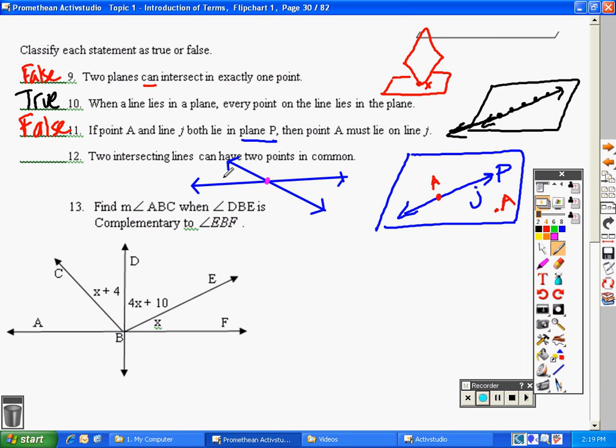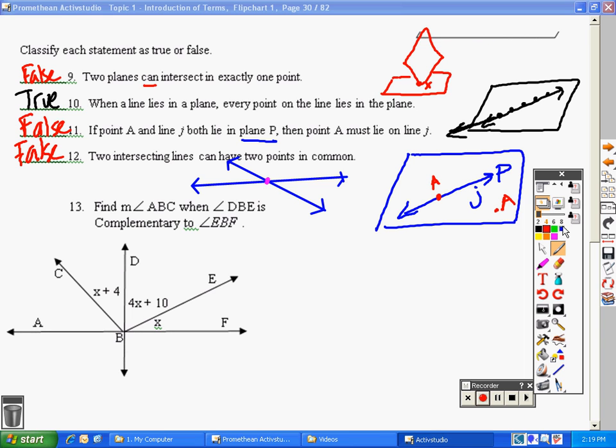So there's only 2 options here. They can either intersect at exactly 1 point, or they can intersect at every single point if they are the same line. So the answer to this one is also false. They cannot have 2 points in common. They either have 1 or all points in common. Or they could possibly never intersect, which is a whole different world altogether.